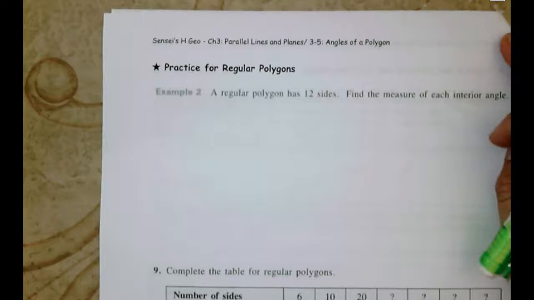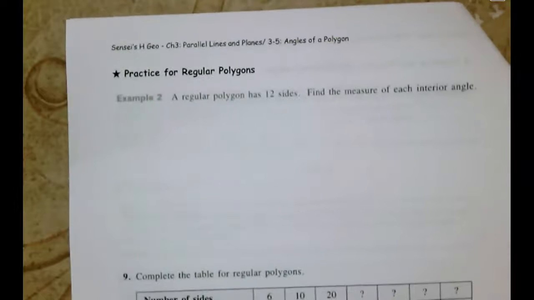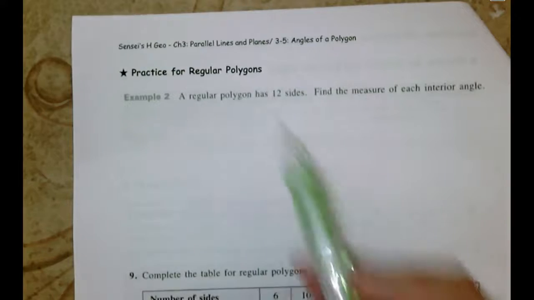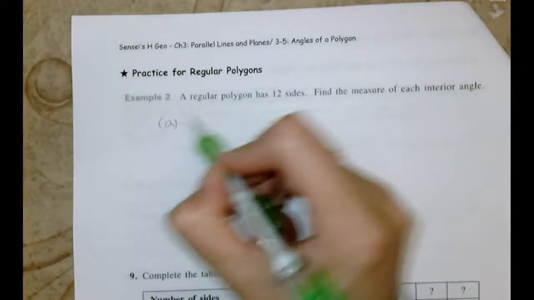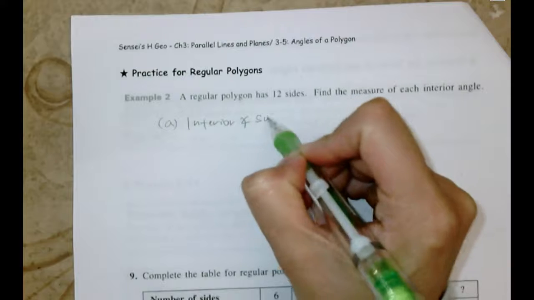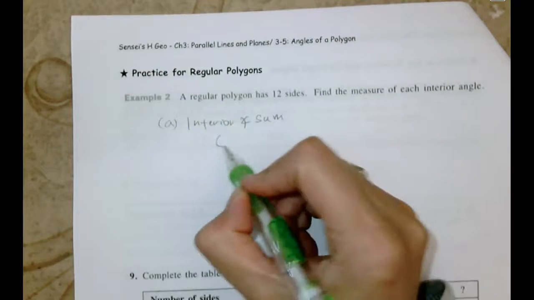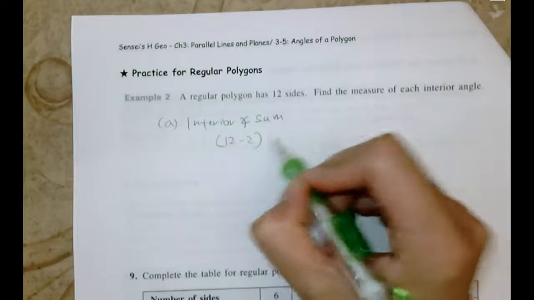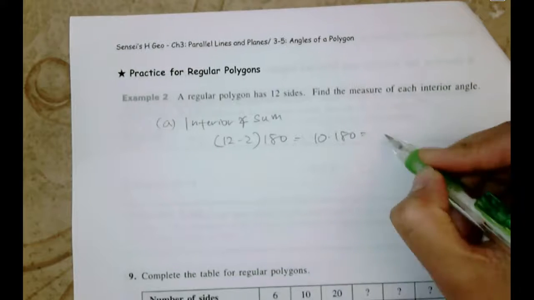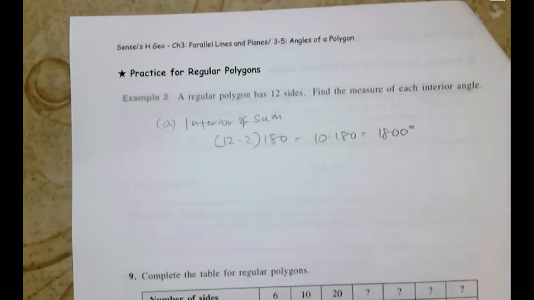So a regular polygon has 12 sides. Find the measure of each interior angle. So how do we do this? First, we find the interior sum. So n is 12, so 12 minus 2 times 180 equals 10 times 180, which is 1800 degrees, right?